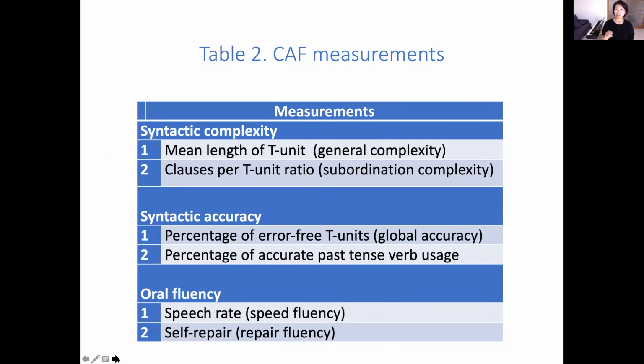Okay. So for the measurement of the actual speaking proficiency, I used the very common CAF measurements: complexity, accuracy, and fluency. If you are familiar with the CAF literature, you'll know that there are many, many measurements out there.